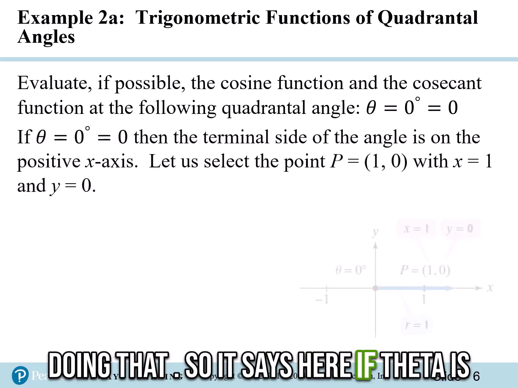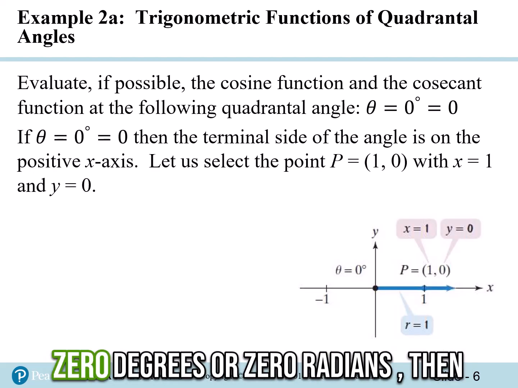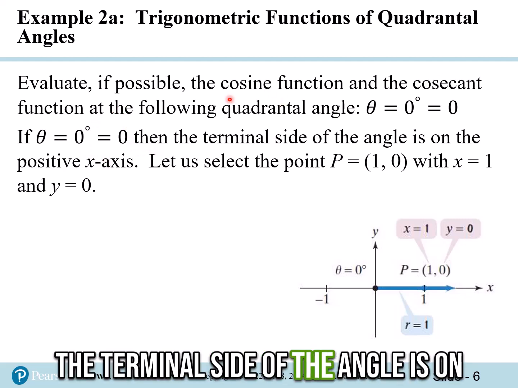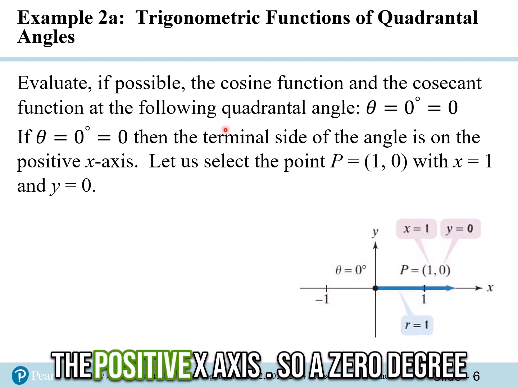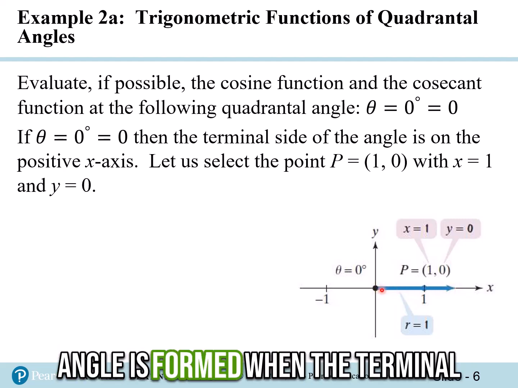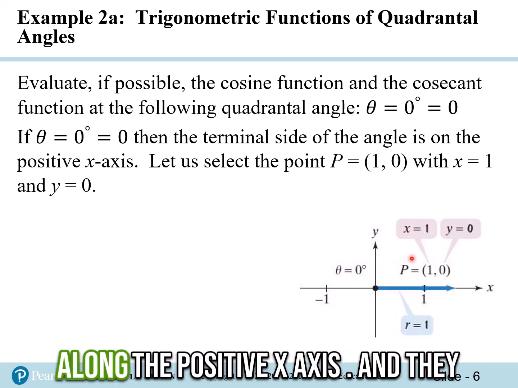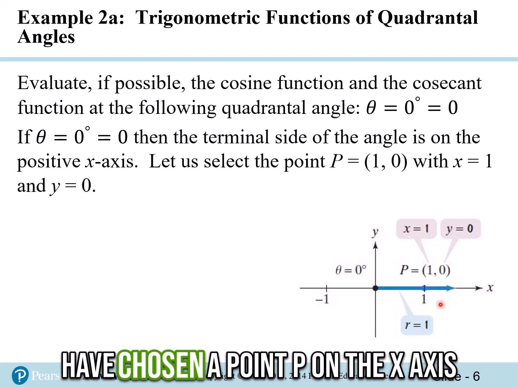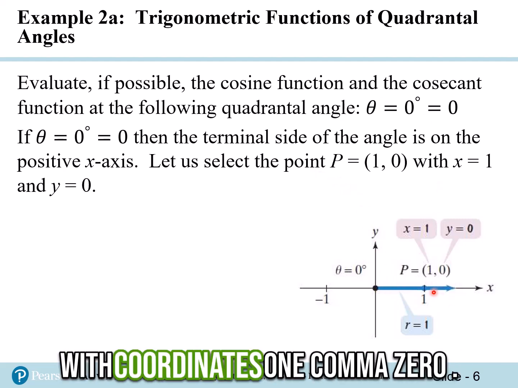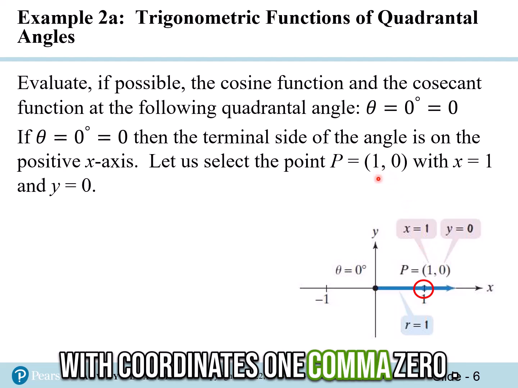So it says here, if theta is 0 degrees or 0 radians, then the terminal side of the angle is on the positive x-axis. So a 0 degree angle is formed when the terminal side and the initial side overlap along the positive x-axis. And they have chosen a point P on the x-axis with coordinates 1, 0.